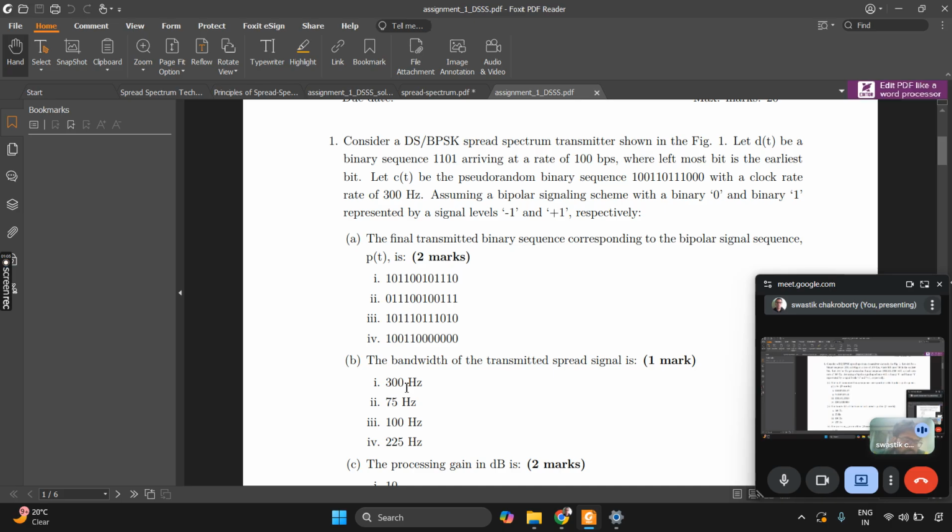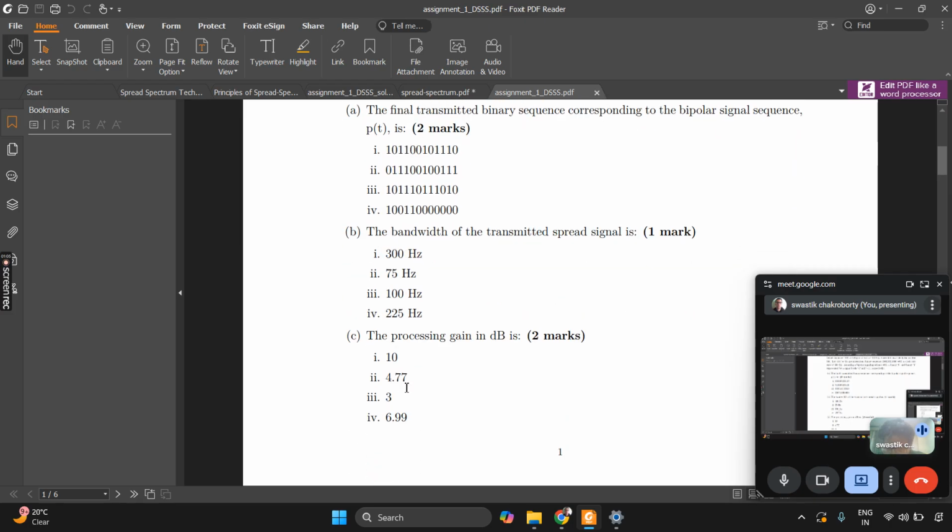Because we have the same number of bits, the spread data sequence will be transmitted at the same speed, at 300 hertz only.